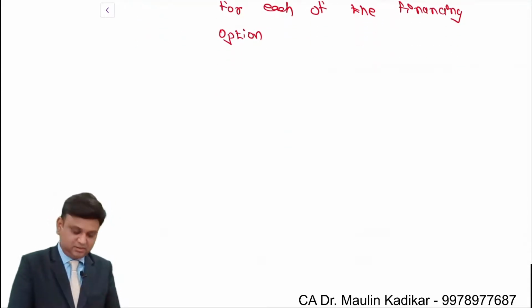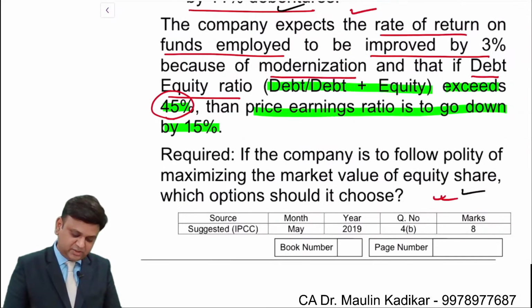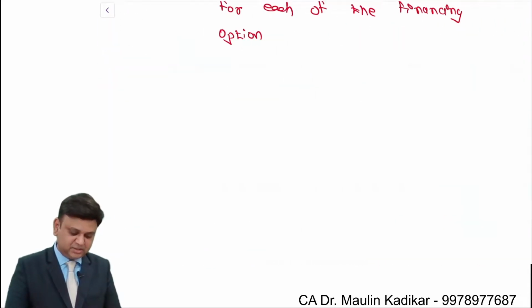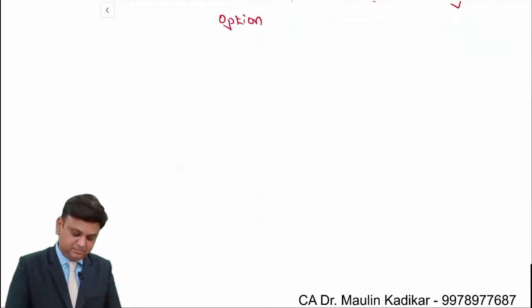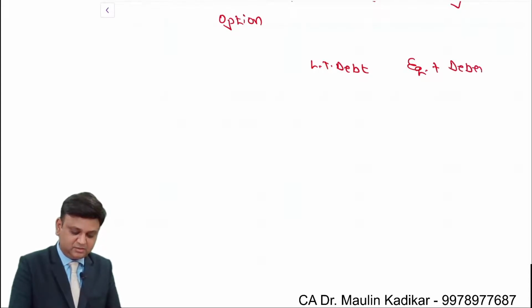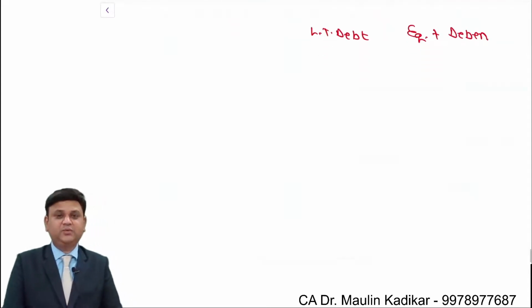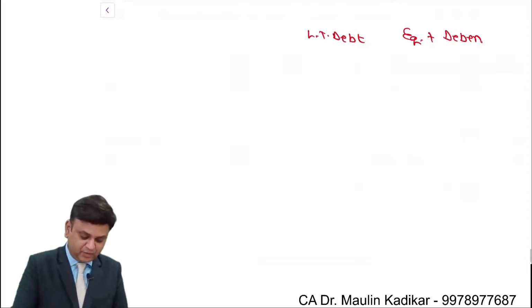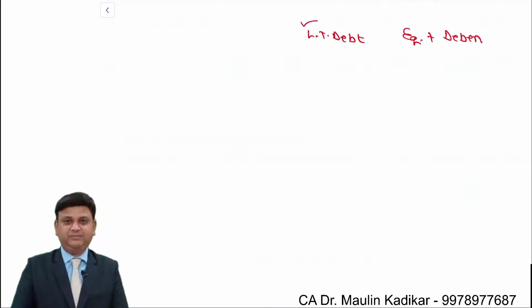The first is long-term debt, and the other option is equity plus debentures. For both options we are required to calculate EPS multiplied with the price earning ratio, which gives the MPS. For long-term debt, I want you to tell me the MPS.